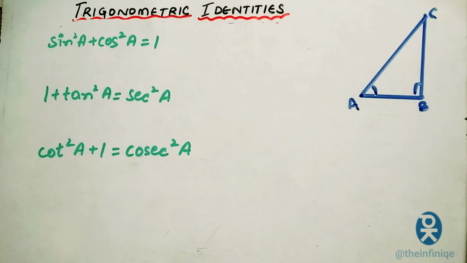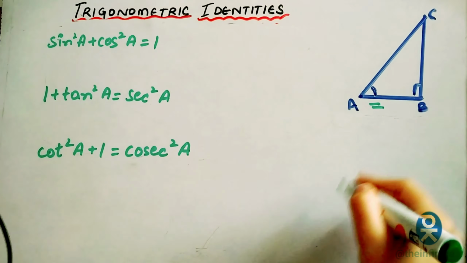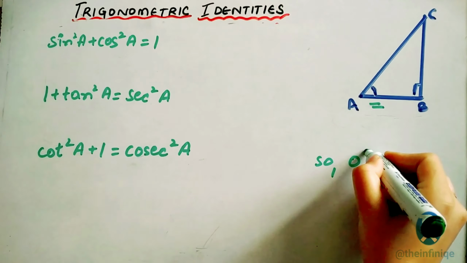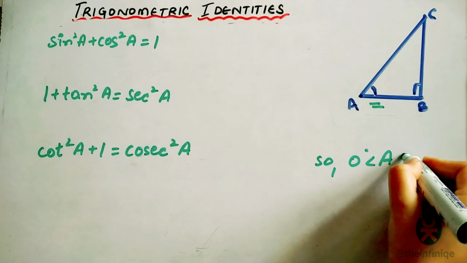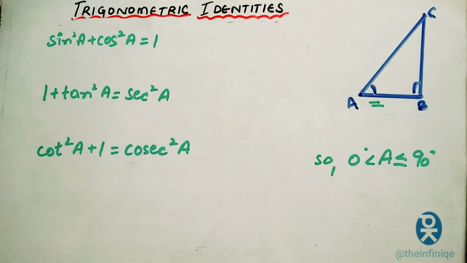So these are the required trigonometric identities, and angle A is between 0 degree and 90 degree because angle A is an acute angle.